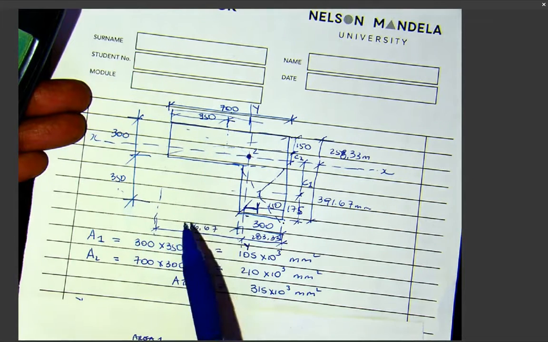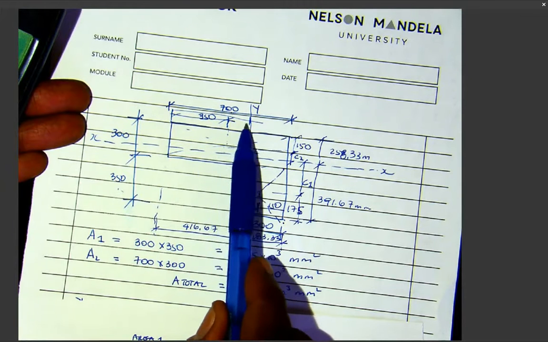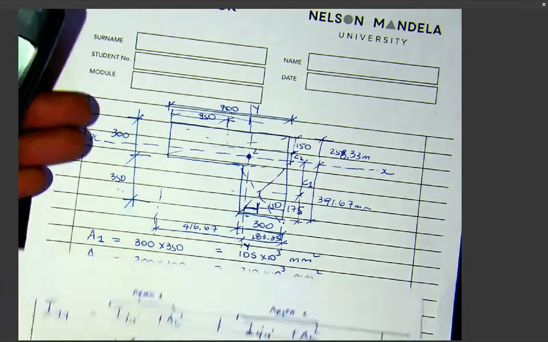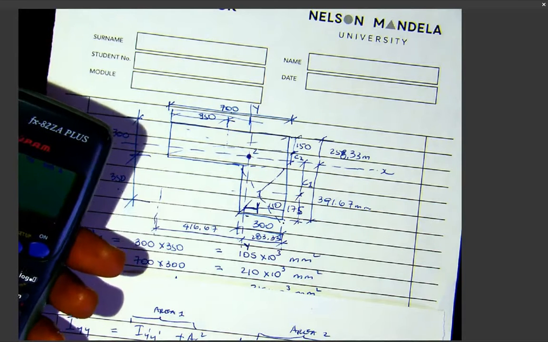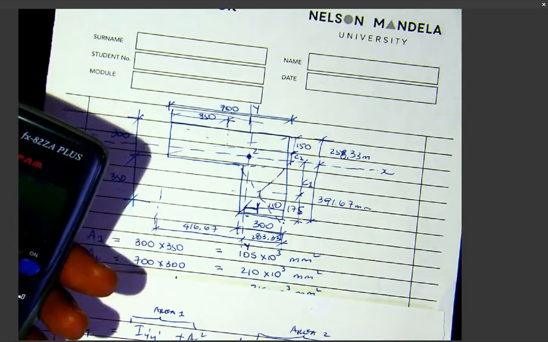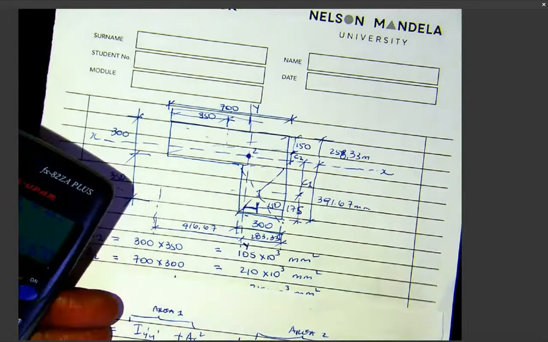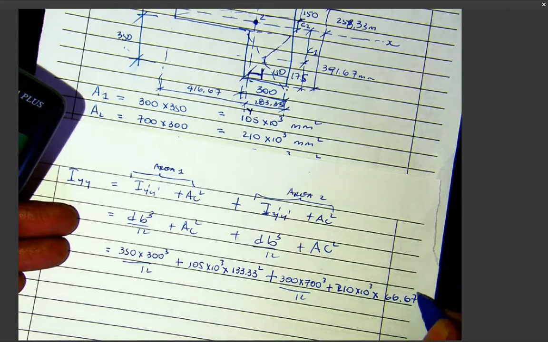If I take 416.67 and subtract 350, I'm left with the distance I call C2 for area 2, which is 66.67. Let me take it up so that you can see, 67 squared.